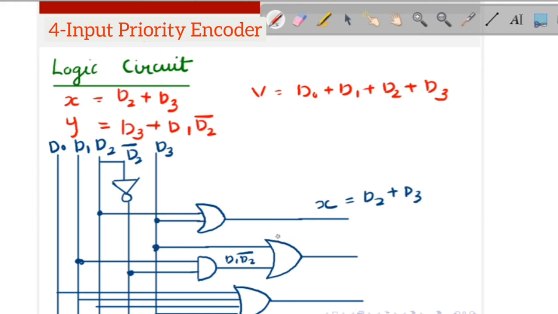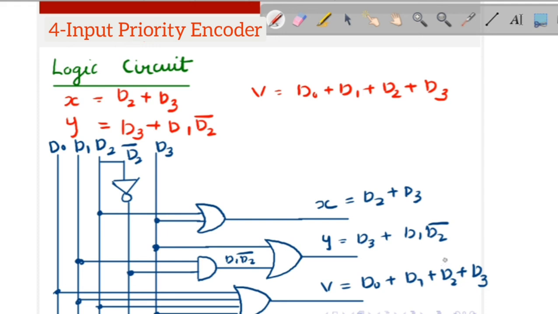Then here it is D3. So Y is equal to D3 or D1, D2 bar. Then D0, D1, D2 and D3 OR together we get V, that is D0 or D1 or D2 or D3, right? So this is the logic circuit for the 4 input priority encoder, right?